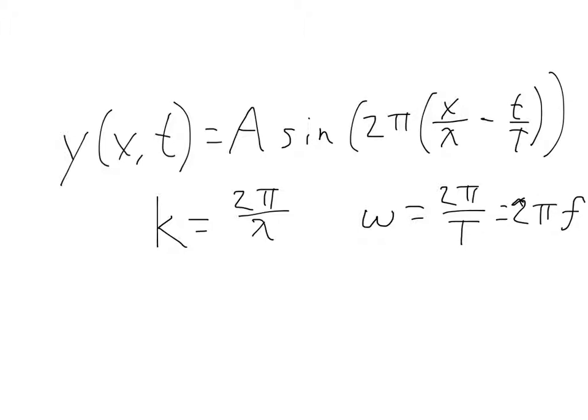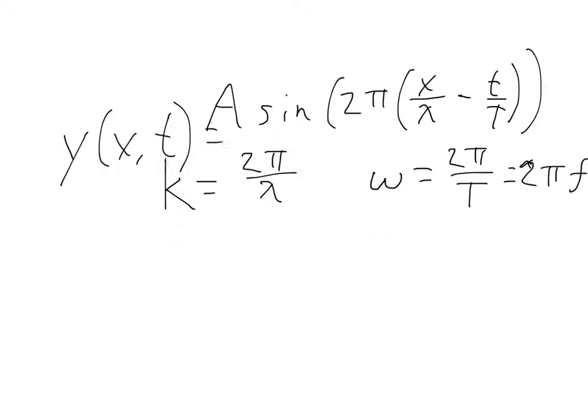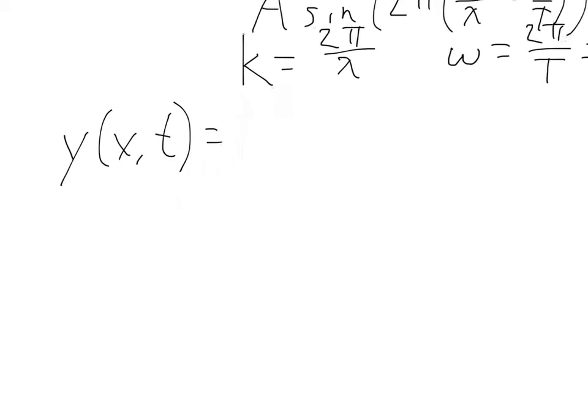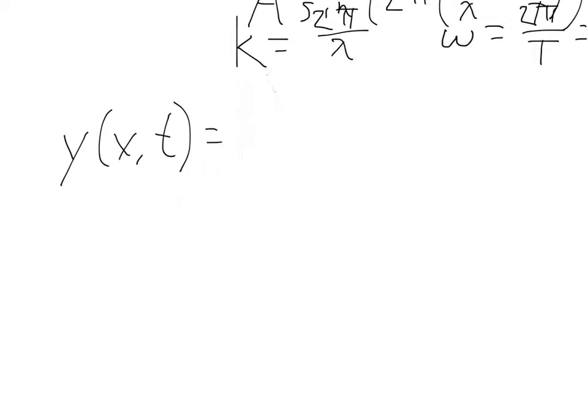If we do those substitutions, we get the same thing we see up here, but a little bit cleaner. That's going to look like the amplitude, sine function, kx minus omega t.